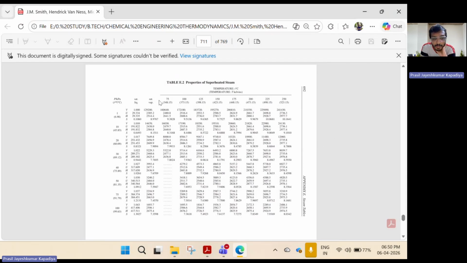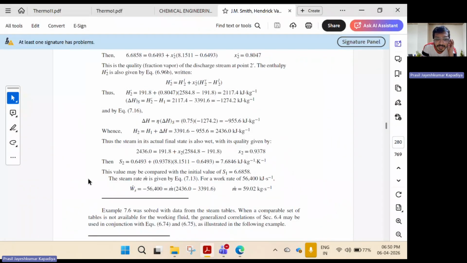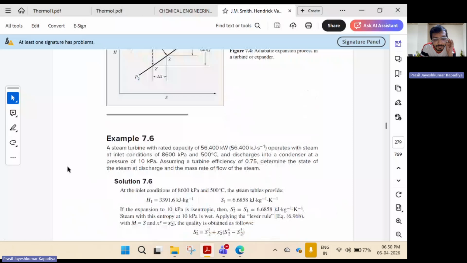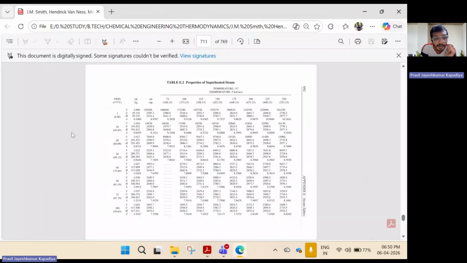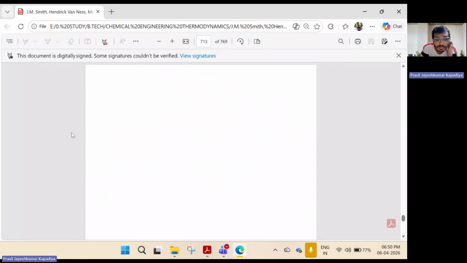So from the property of superheated steam, at what pressure and temperature did we start? We had a temperature of 500 degrees Celsius and 8600 kilopascal.